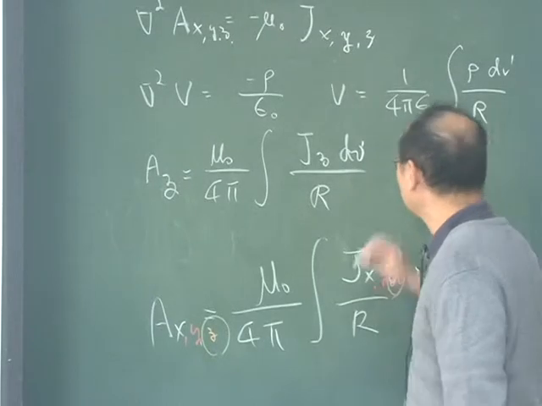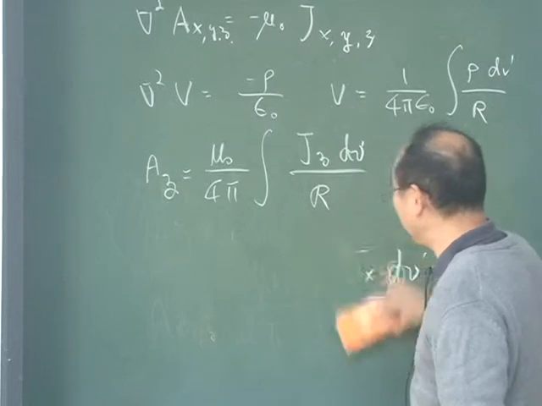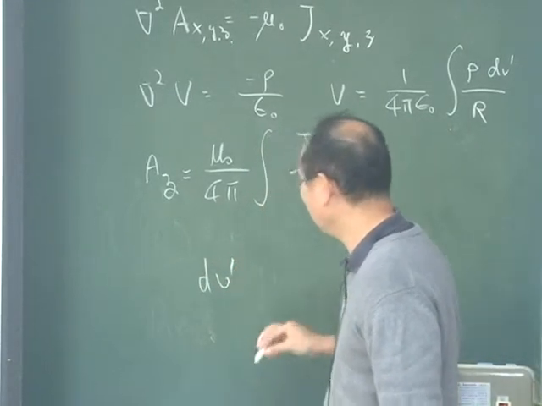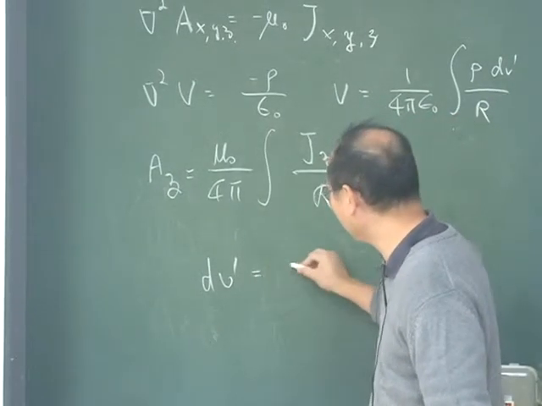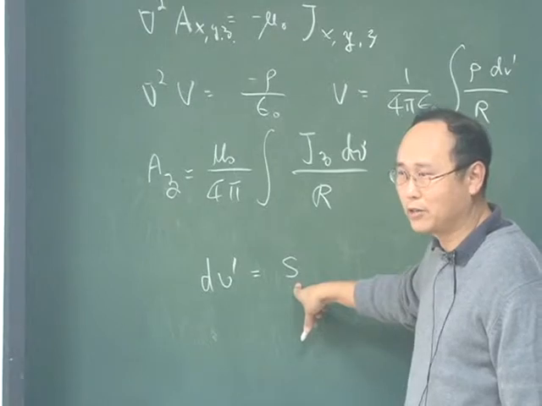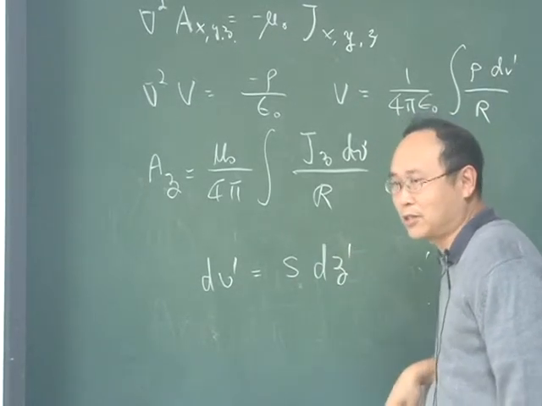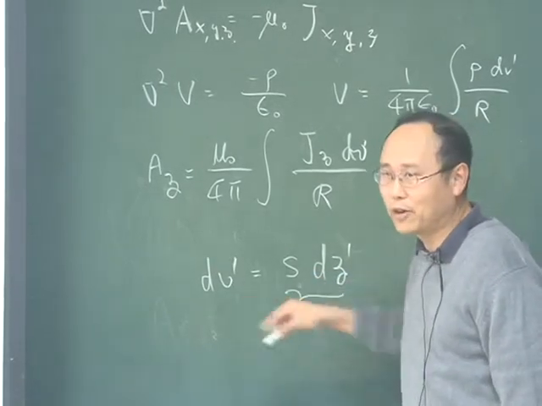Here, for the volume, you have a uniform cross section for the wire. This dV prime is at the source. So basically, you only have to integrate along the z direction, because this gives you the small volume.